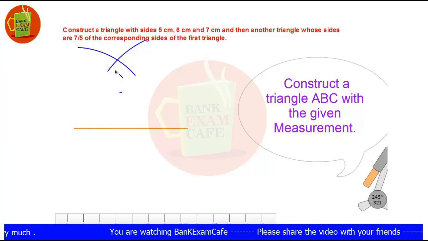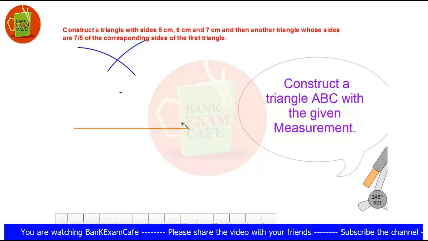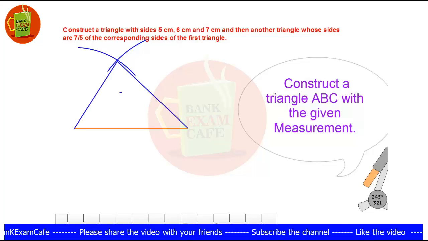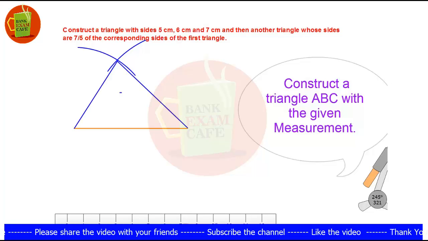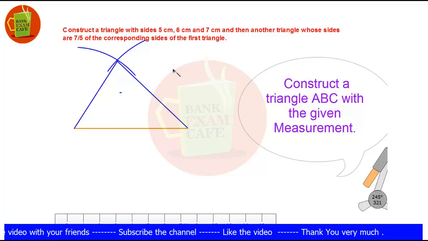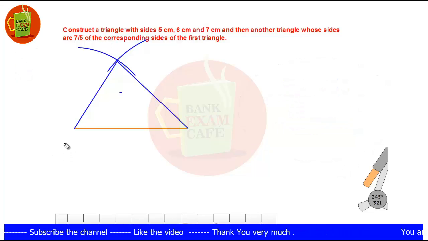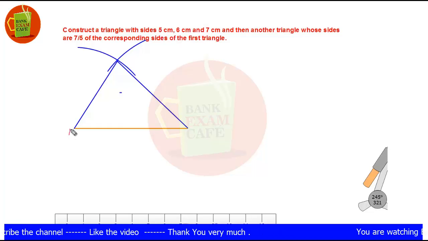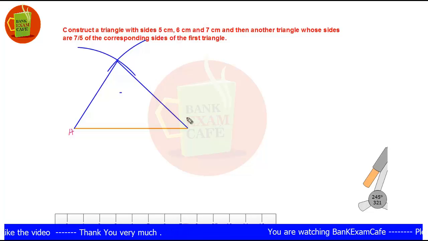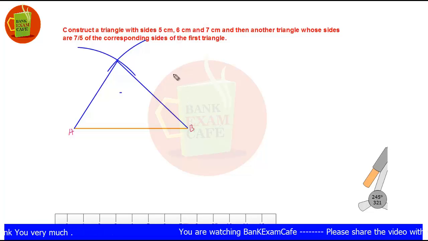Then join this point of intersection and one end point and the point of intersection and the other end point. So this becomes the required triangle, a triangle with 5 centimeter, 6 centimeter and 7 centimeter of length. So it will be A, B, and this point will be C.